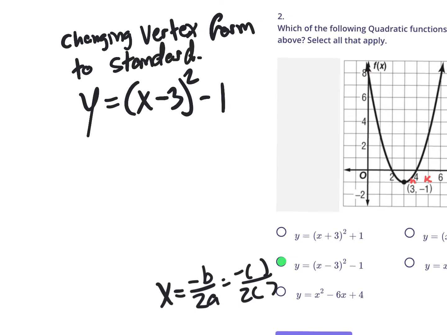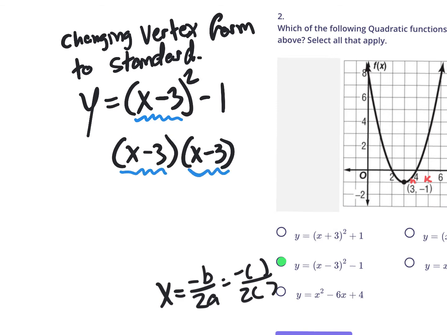It's pretty easy to do. All you got to do is be able to distribute and combine like terms using Algebra 1 skills. You see, right here you have a binomial squared, and when you have something squared, what it really means is for you to multiply it with itself 2 times. So x minus 3 in parentheses squared really means x minus 3 times x minus 3, and of course you still have the -1 over here.